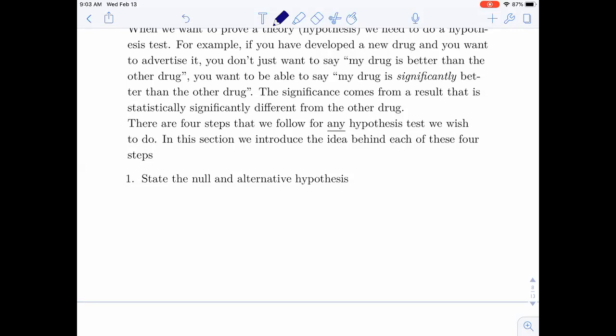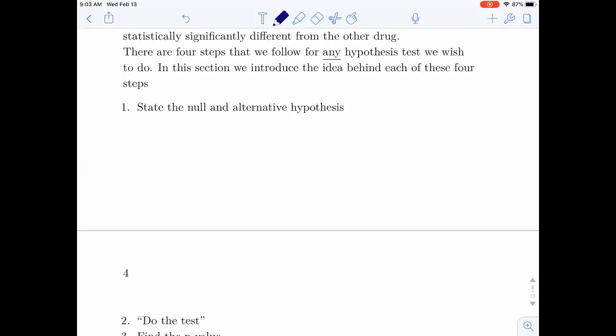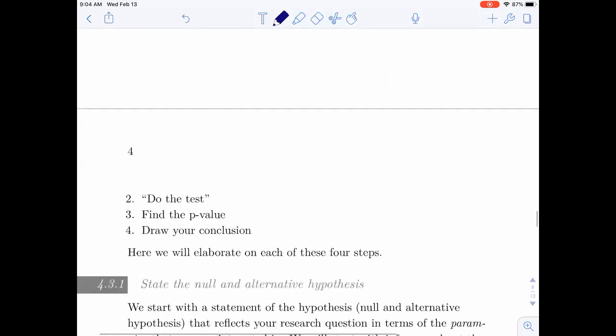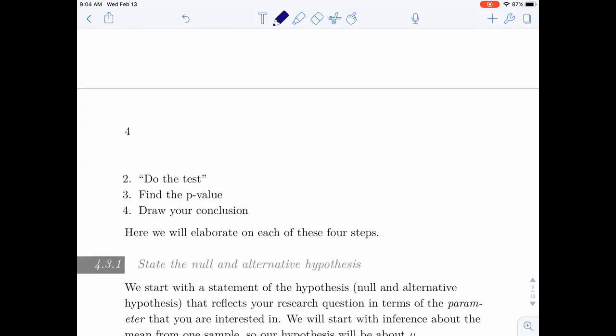There are 4 steps that we follow for any hypothesis test that we do. The first step is to state the null and alternative hypothesis. We don't know what that means yet, but that's the first step. Step 2 is to do the test.